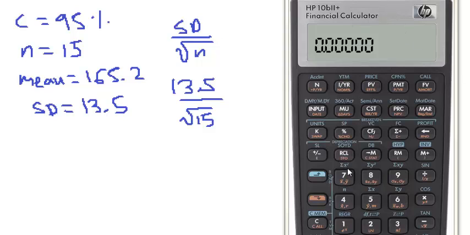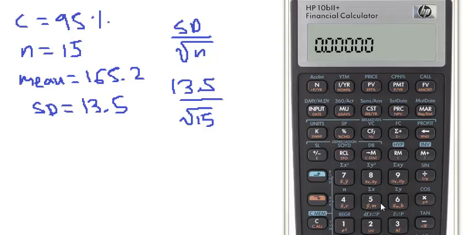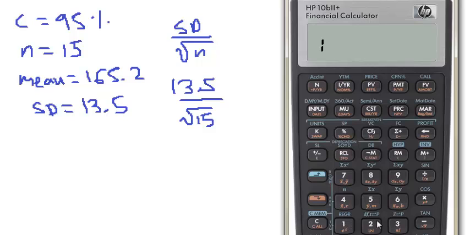Let's take 15 and take the square root of that, which is 3.87298. So we will take 13.5 and we will divide it by what did we have over here?